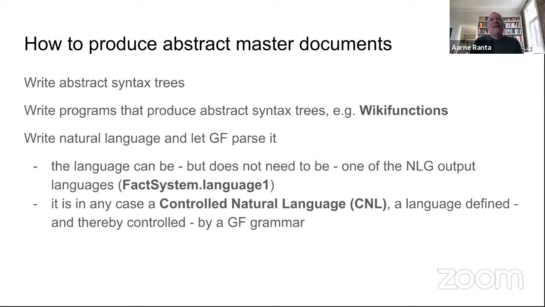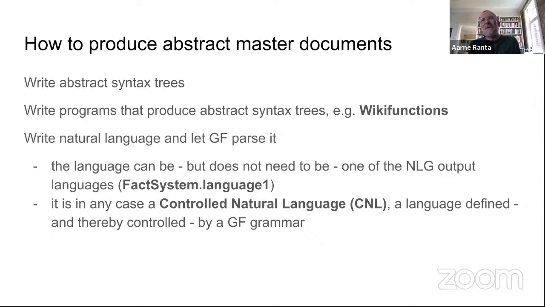So the basic way of doing this is, of course, by writing abstract syntax trees, but then you could also write programs that produce abstract syntax trees, and that's what we did in Python, and maybe that's something to export as wiki functions. But then we already saw that it's actually possible, by using the GF parser, to write in natural language.